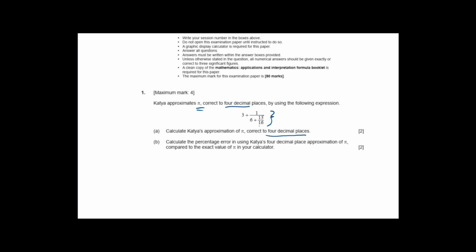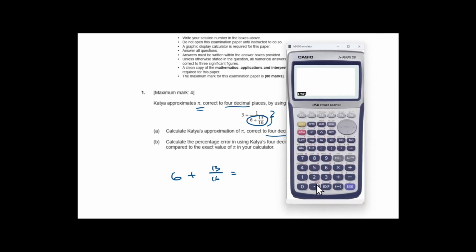Well, let's work out what's in the denominator here first. So 6 plus 13 over 16. Let's grab your calculator. Plus, I'm going to put it in brackets, 13 over 16. Again, why would you do that when you've got a calculator? 109 over 16.